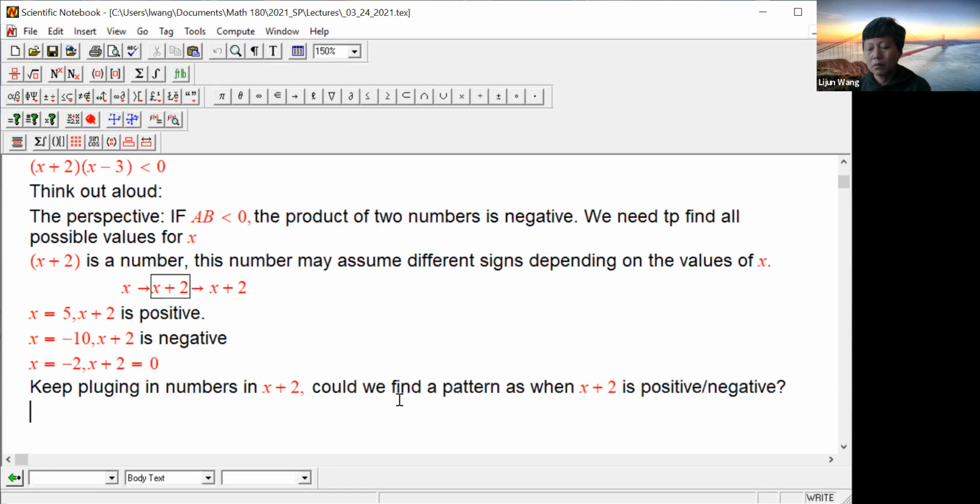Any number greater than -2 is positive? Perfect. Do you agree? When x is larger than -2, x plus 2 is positive.